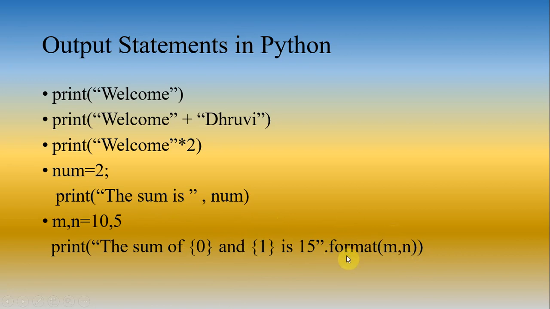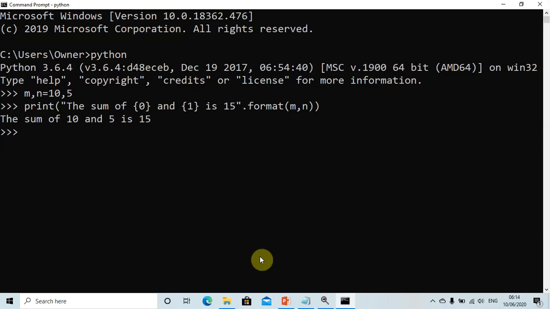So I'm using format, and then I am enclosing it with round brackets, and inside I am writing m comma n. So I am telling it to take the value from the variables m and n, but take it in such a way that the value at index 0 should be printed and the value at index 1 should be printed. Now I hope you understand better using this example.